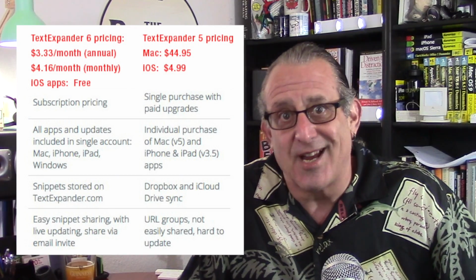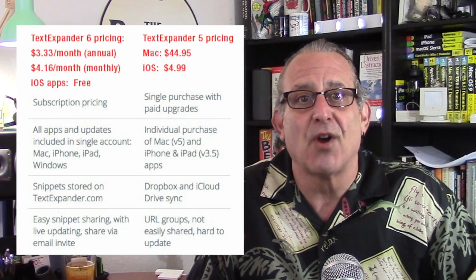The previous version of TextExpander, which is called version 5, the version I'm still using today, is still available for a one-time payment of $44.95 plus an additional $5 for the iOS app if you want it. Now here's a quick breakdown of the differences between buying version 5 and subscribing to version 6. This is from Smile Software's webpage.